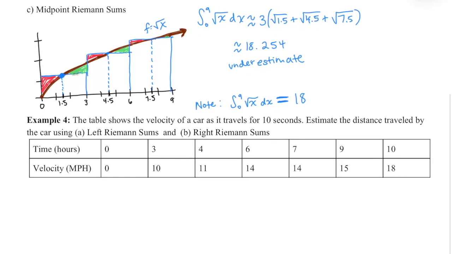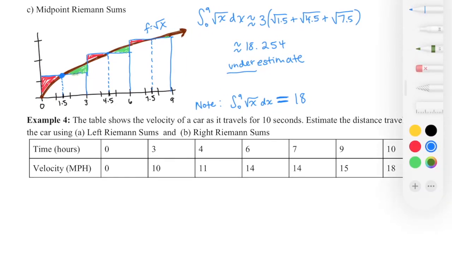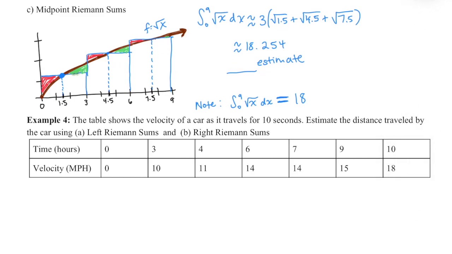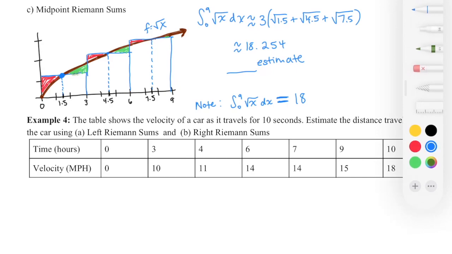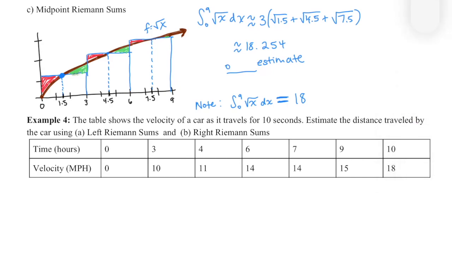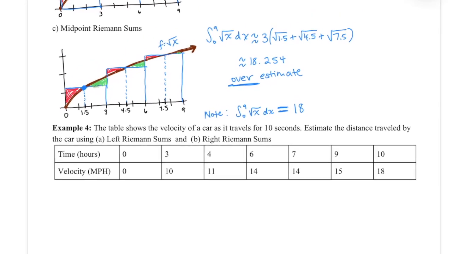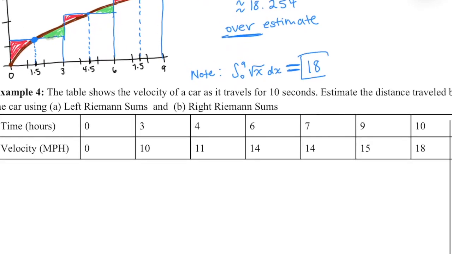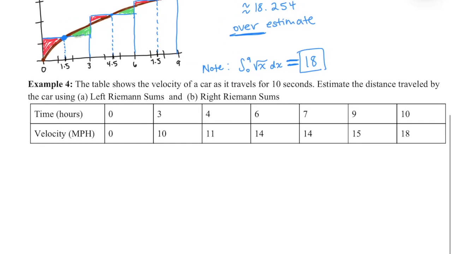Oh, okay, so I think now I feel silly. I think I said because of the red, it was an overestimate, but then I wrote underestimate. Well, I guess that happens to all of us. Over, it's over. So if you said over, you were correct. Because the actual value is just 18. Cool.